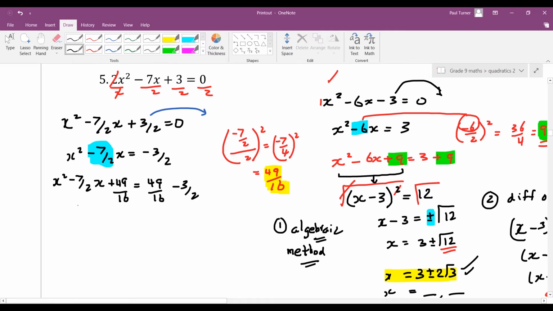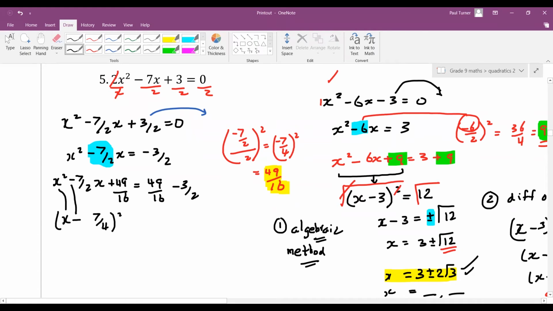Okay, so now our complete square will be x minus, so x comes from here, the minus comes from here, and this number will be the square root of 49 on 16, which would be 7 on 4 all squared, because root 49 is 7, root 16 is 4.